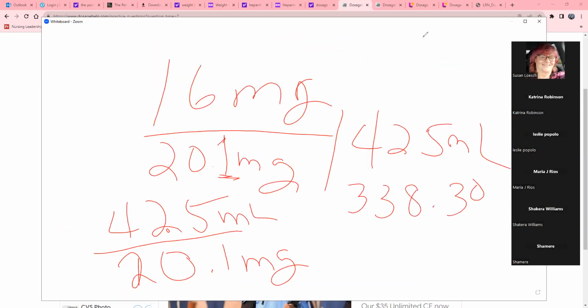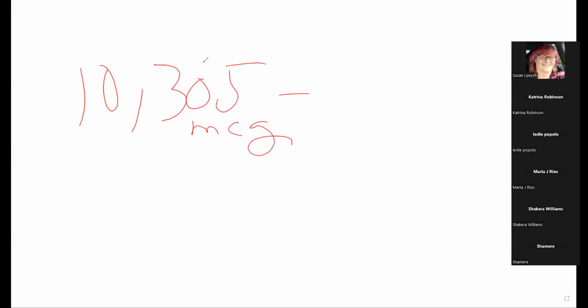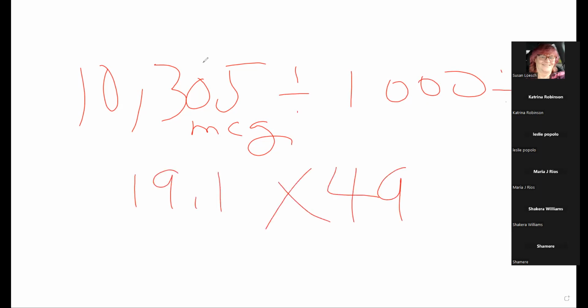So again, the way I set these up just to make it easy, I would take the 10,305 micrograms, because I know I got to convert something here, divided by 1,000, and then divided by 19.1, and then multiply times 498. It's just that simple right in the calculator, and that's going to give you that 268. Anybody confused on that? Got it.